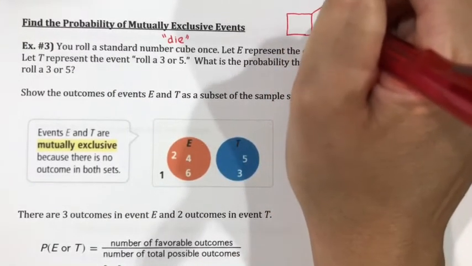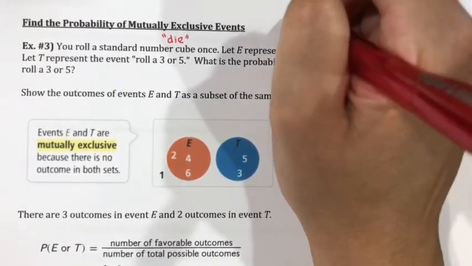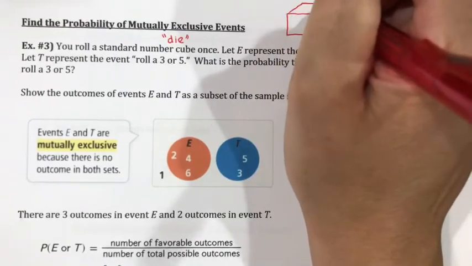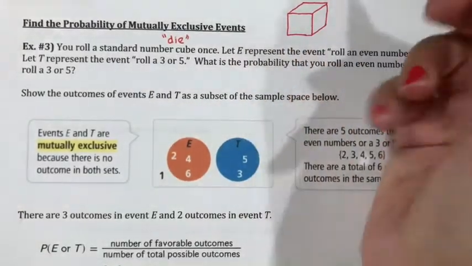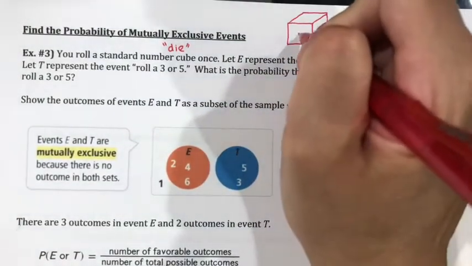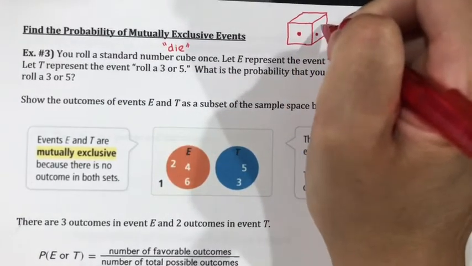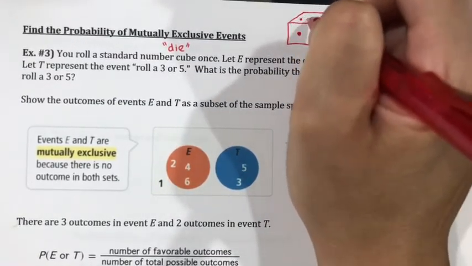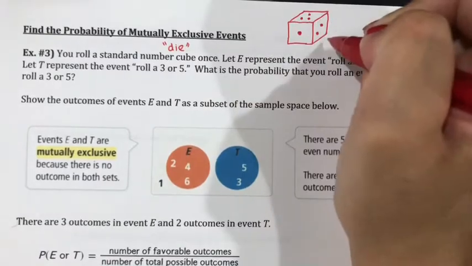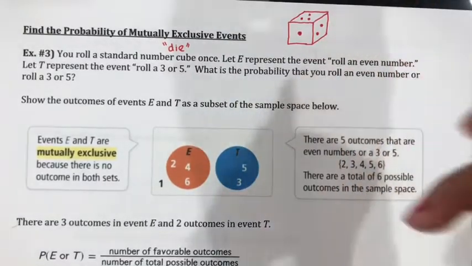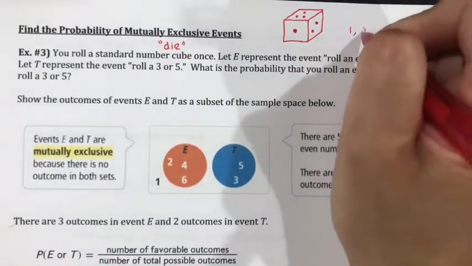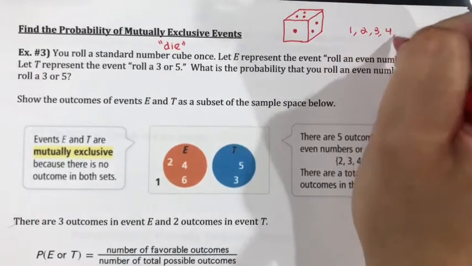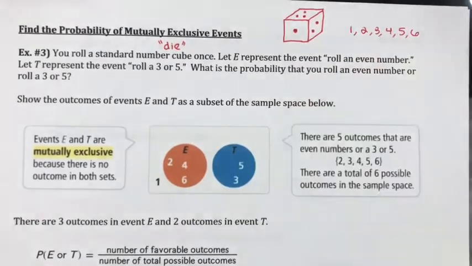We've got 6 sides, or 6 faces. Each face has a number on it. So usually you'll see the little dots. We've got a 1, a 2, a 3, and then behind it you'll have the 4, the 5, and the 6. Okay, so you've got 1, 2, 3, 4, 5, and 6.